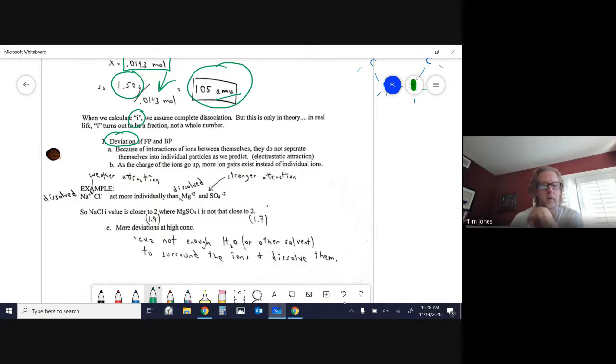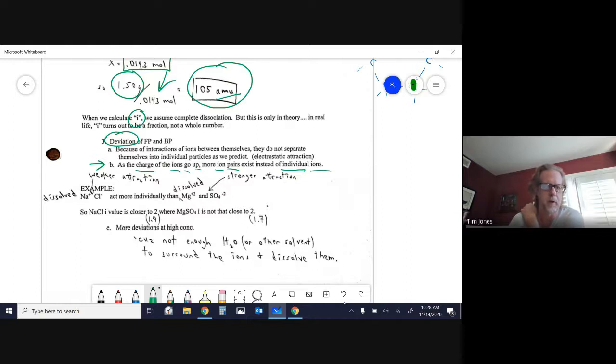And an important point is 3b. As the charge of ions goes up, what happens is they tend to not split even more. And so you get what are called ion pairs, where ions are still dissolved, but they're still stuck together a little bit instead of the individual ions that we typically assume. And here's an example.